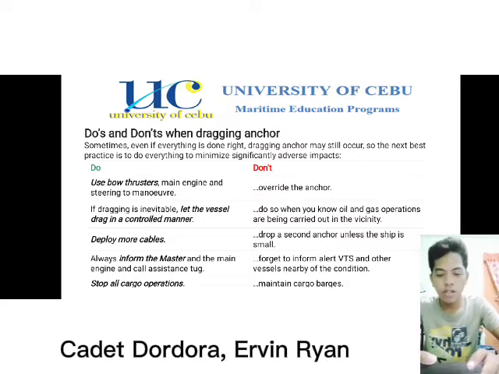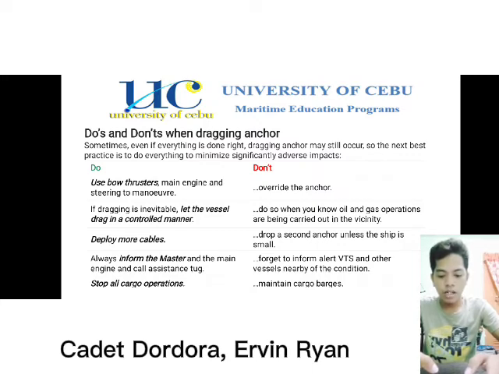Do's and don'ts when dragging anchor. Sometimes even if everything is done right, dragging anchor may still occur. So the next best practice is to do everything to minimize the risk. Do use bow thruster, main engine, and steering to maneuver.